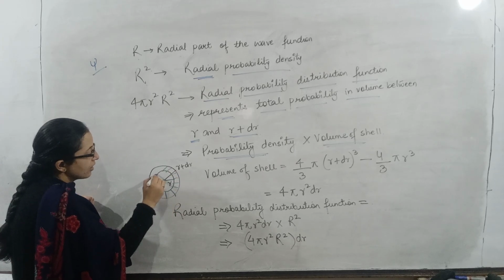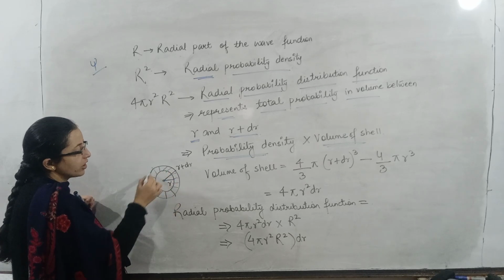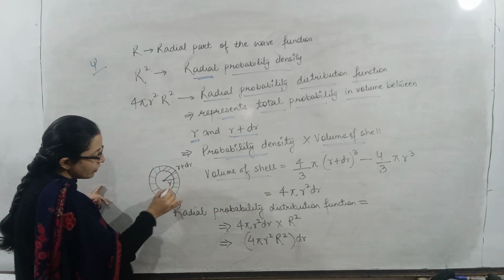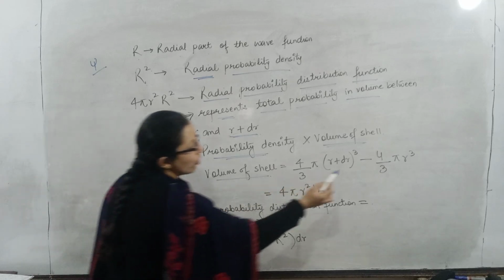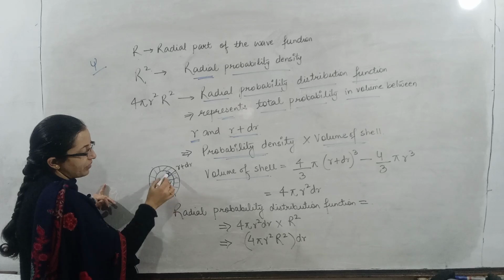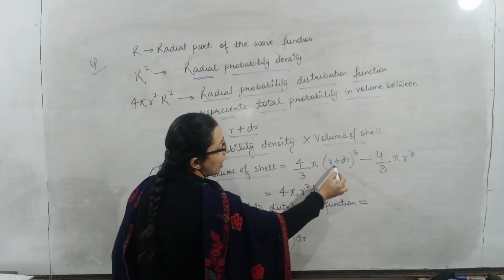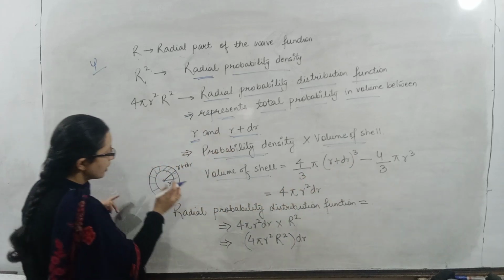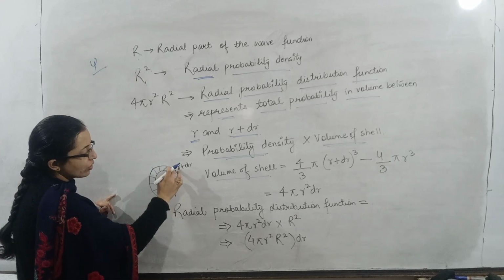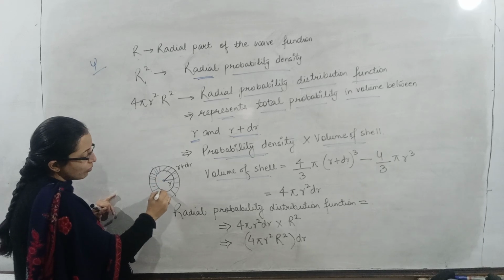This shell is R plus dr. ठीक है, तो हमने इसका वॉल्यूम फाइंड करना है, इस पर्टिकुलर शेल का वॉल्यूम. सो वॉल्यूम ऑफ शेल विल बी इक्वल टू वॉल्यूम ऑफ द इनर स्फियर, that is 4/3 pi r cube, and volume of the outer sphere. तो outer sphere का वॉल्यूम है 4/3 pi (r plus dr) का क्यूब, right? This distance is r, so this is r plus dr. So volume of the outer sphere minus the volume of the inner sphere gives you the volume of the shell.